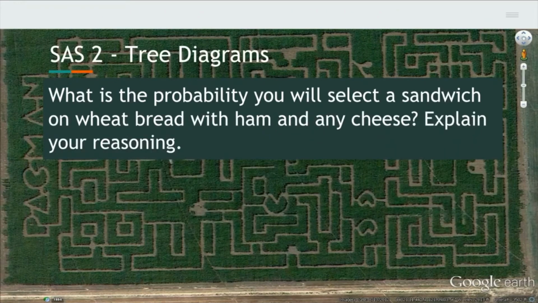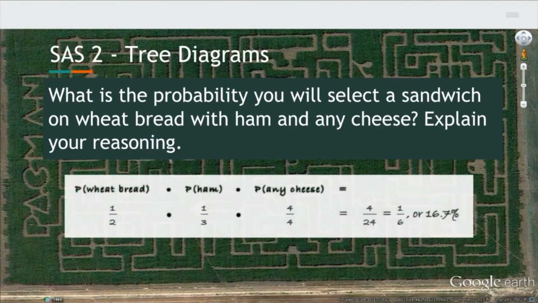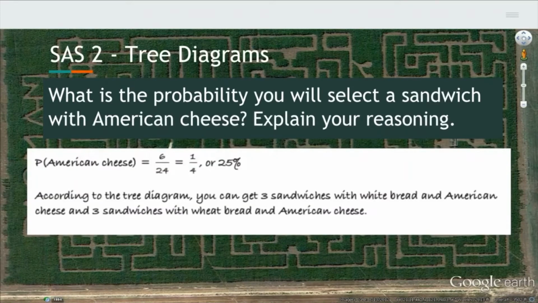Probability to select a sandwich on wheat bread with ham or any cheese. Let's see. Wheat bread, ham, any cheese: 1/2 times 1/3 times 4/4. Any cheese, 4 of the 4 selections, right? I want to go back and look at that one sandwich. 6 American cheese: 2 of 2 of the wheat or white bread. Doesn't matter which one, so 2 of the 2 selections can be chosen.